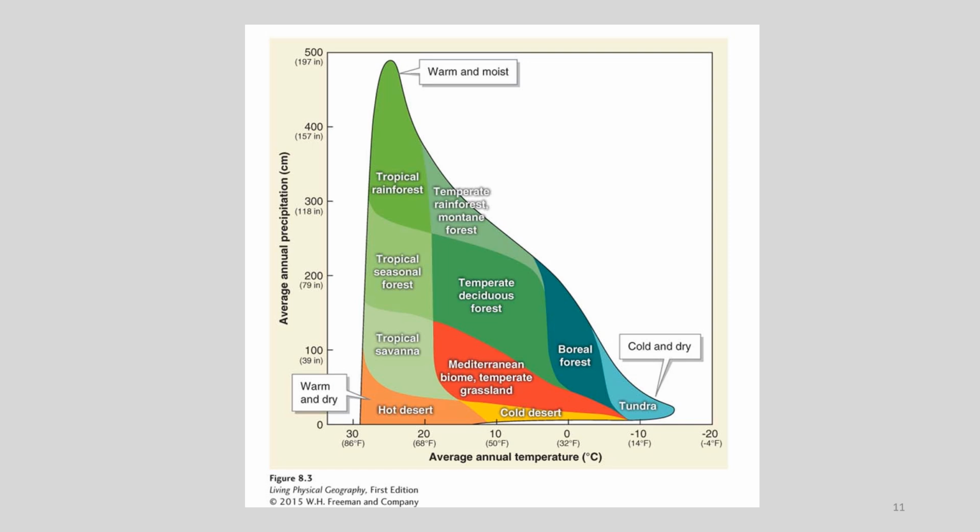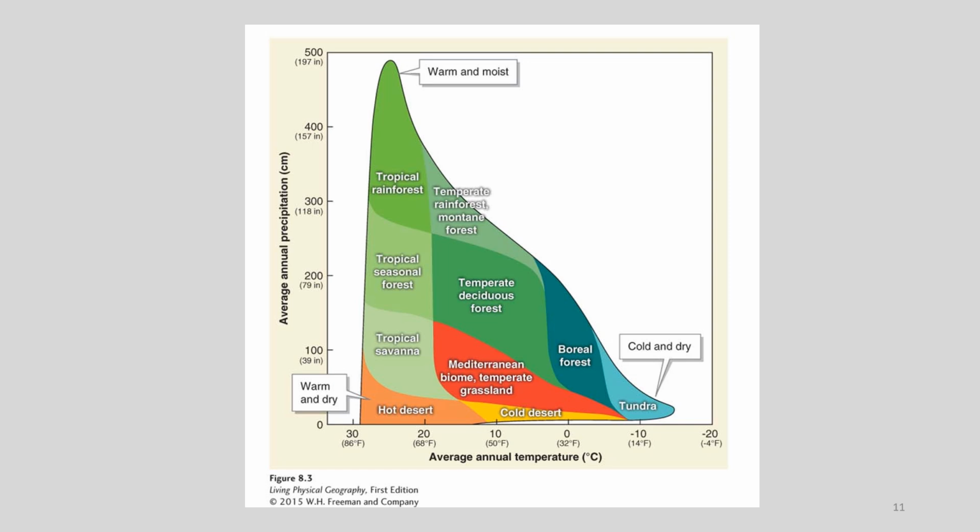Now, don't think that you have to memorize this stuff. Please don't. It will make you crazy. It's too much for anybody to memorize. The way this is going to work is I'm going to give you an annual temperature range, like say from 80 degrees to 70 degrees, or an average precipitation range, say from 200 to 300 centimeters.